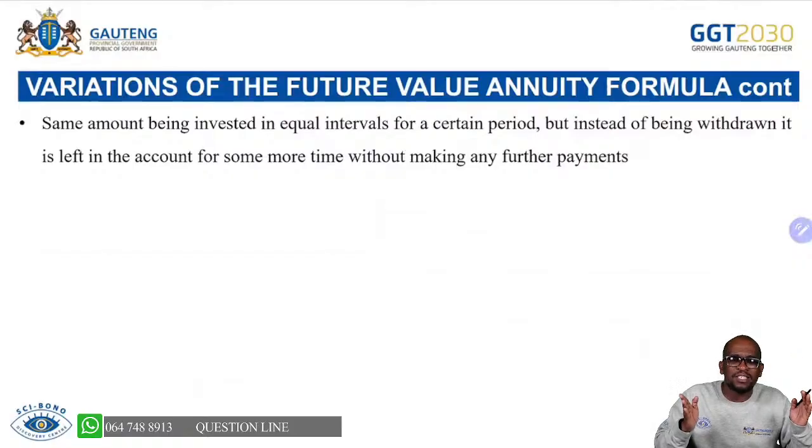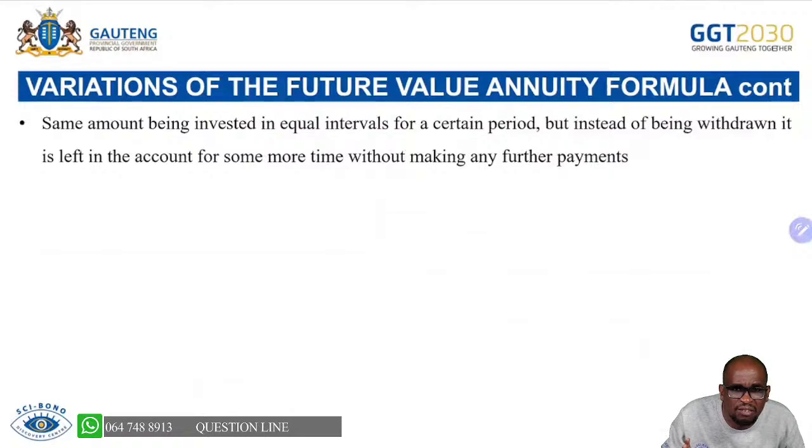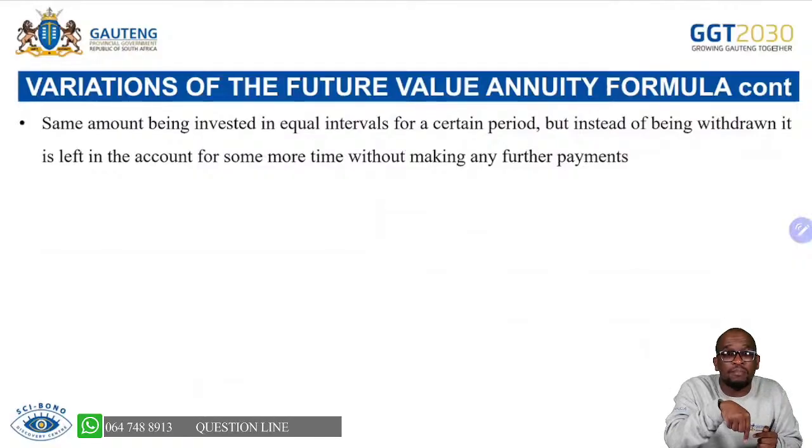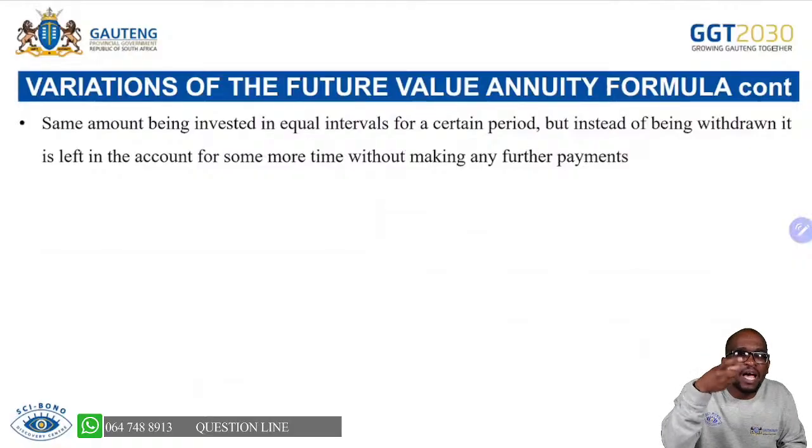So after 18 years, I stop paying, all right? I stop paying. And then I say, all right, let me leave this up because this is not my money that I have to use. It's the money that I saved for him. So he will use it whenever he matriculates. So I decide to leave it in the account until he matriculates.